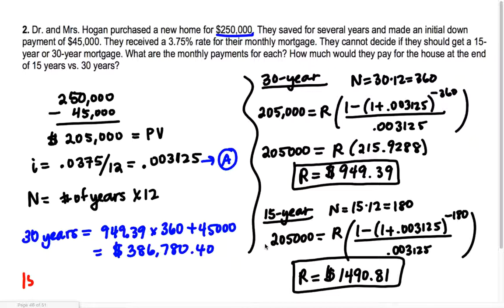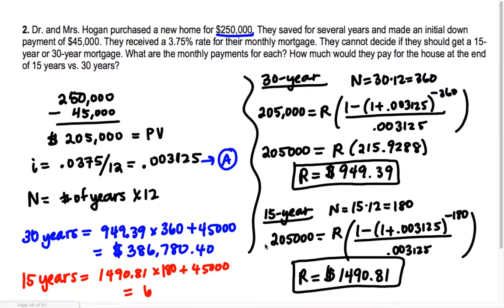But for a 15-year, you take that 1490.81 and multiply by 180, and then add in the $45,000. Oh, geez, yeah, times 180. Thank you. Who got me on that, Brooke?